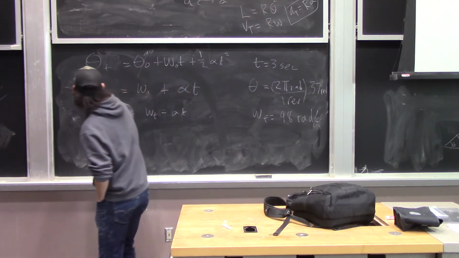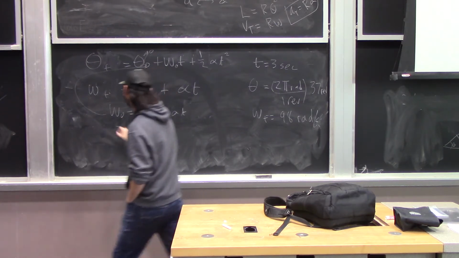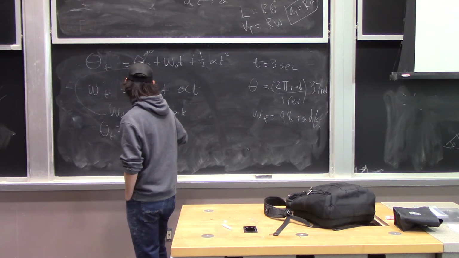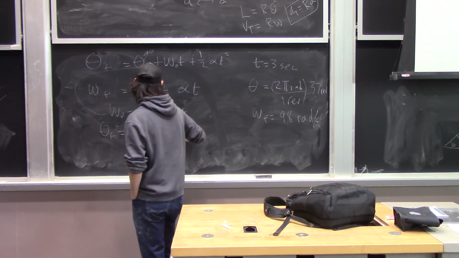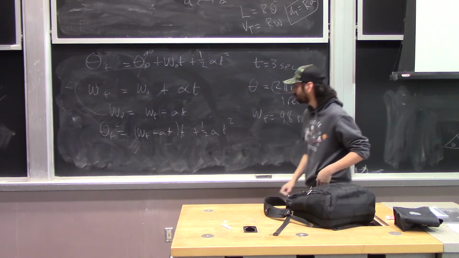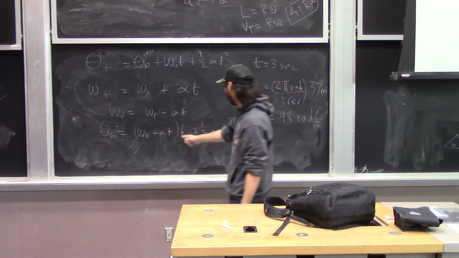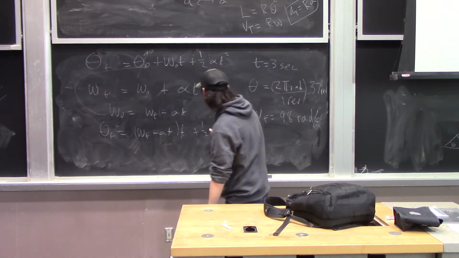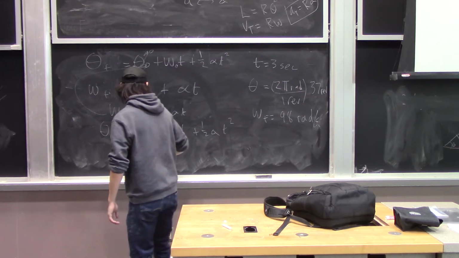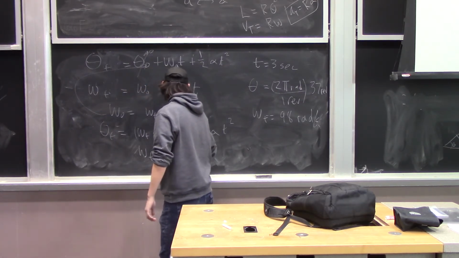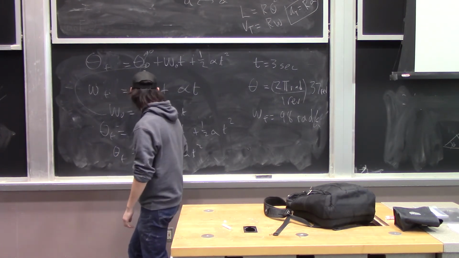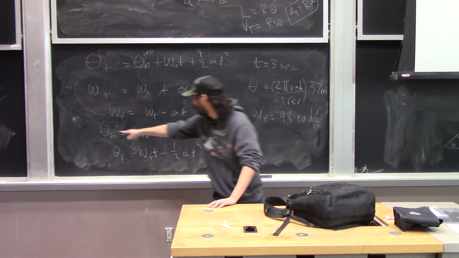We can take this and plug it into this equation, and so then we see that theta f is going to be equal to omega f minus alpha t times t plus 1/2 alpha t squared. So we expand this and we end up finding that this is going to be 1/2 minus 1, which gives us a negative 1/2, and so this is going to be omega f t minus 1/2 alpha t squared is equal to theta f. We lost a t here. Move this to the other side, move that to the other side.